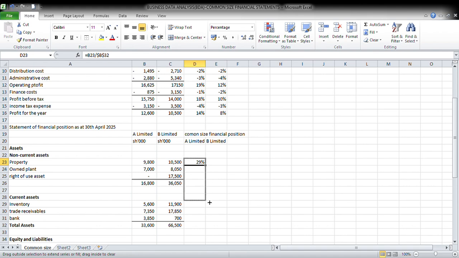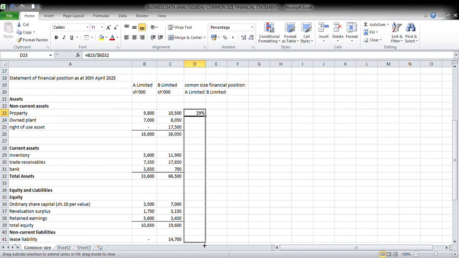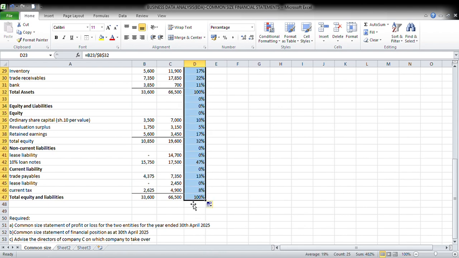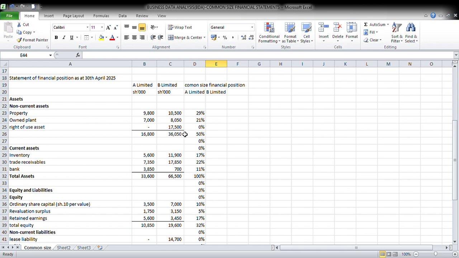We can autofill all up to where? Yes, up to the total liabilities and equities.